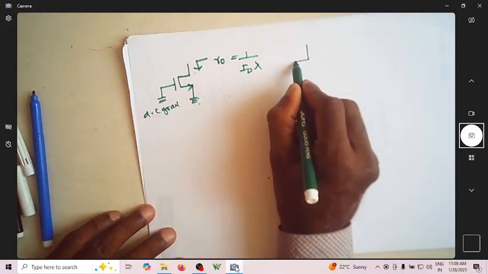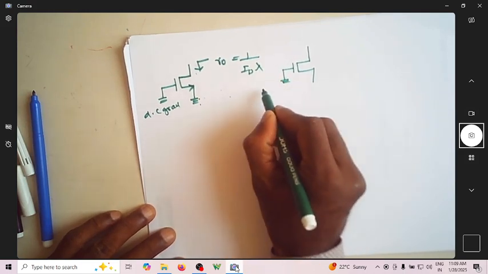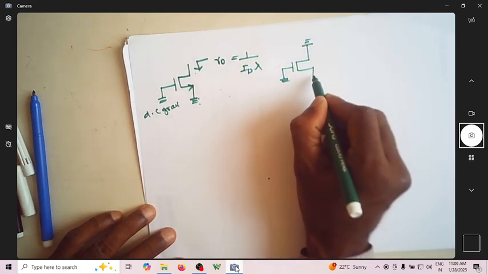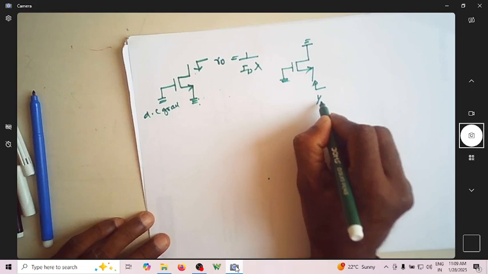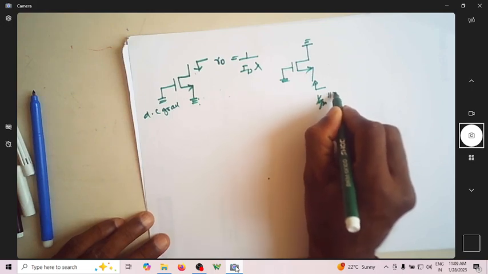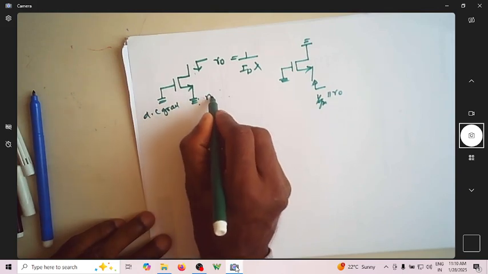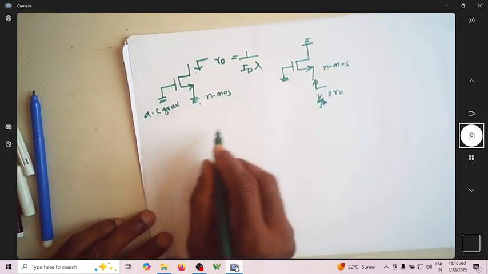On the same lines, if the gate is AC grounded and the drain is also AC grounded, if you look from the source, then the resistance is 1 over GM in parallel with R naught. This is true for NMOS transistors.